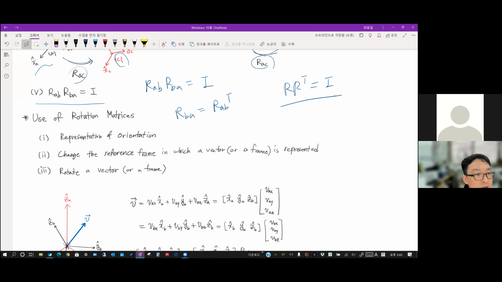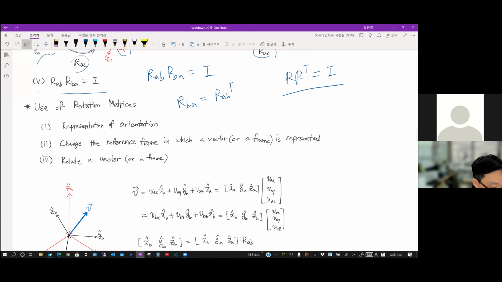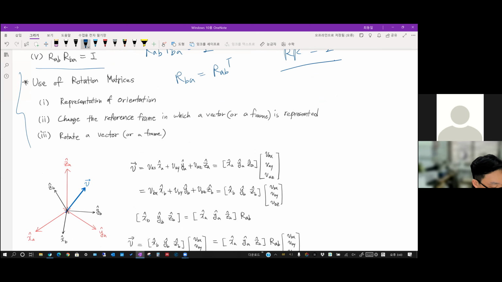Okay, the use of rotation matrix. This part we already introduced in the past class, in the first week class. So there are three uses of rotation matrix. First, the representation of orientation.